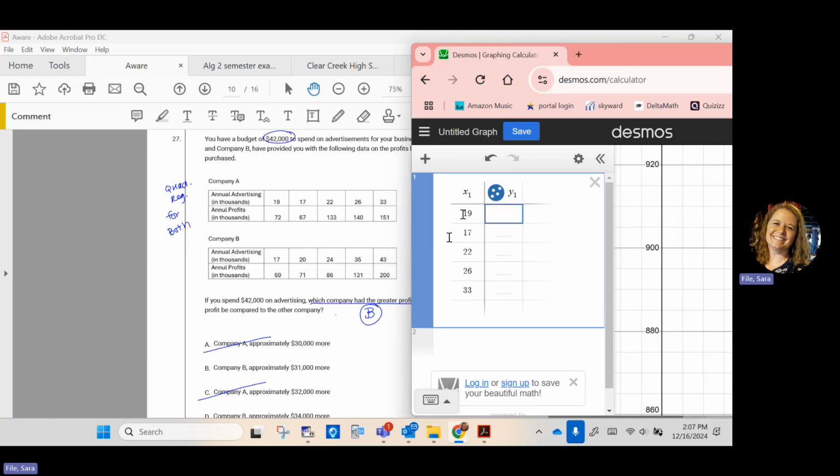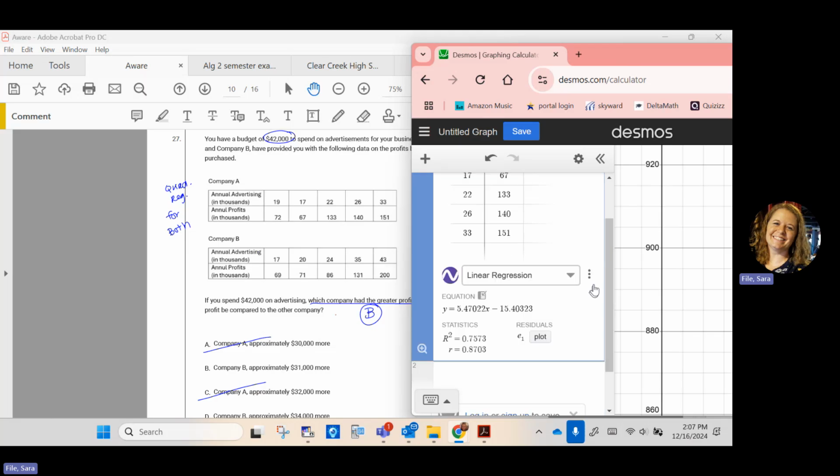And then the Y's are 72, 67, 133, 140, and 151. Okay, so again, we just click here to get our regression. You'll notice linear regression is R of 0.75.